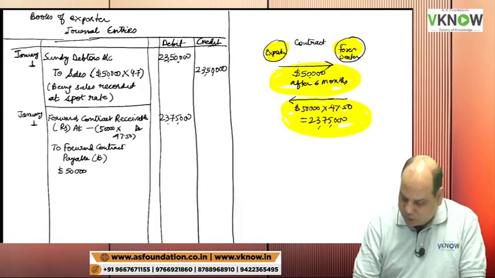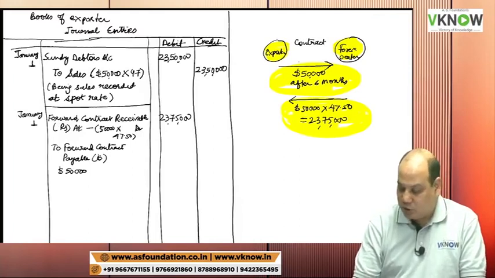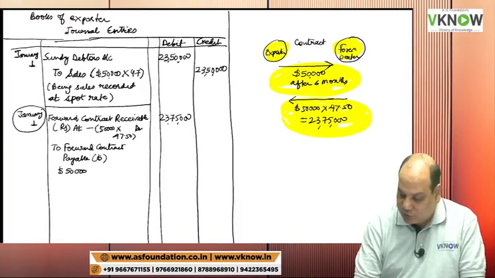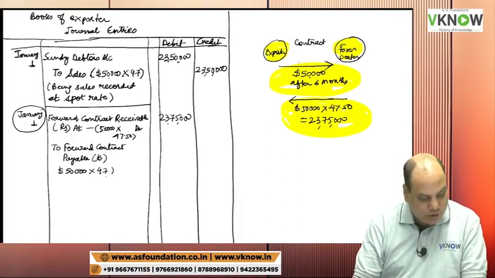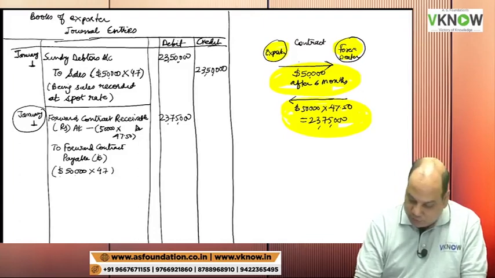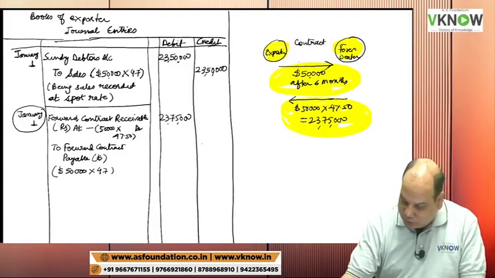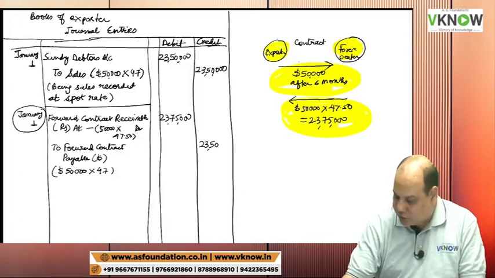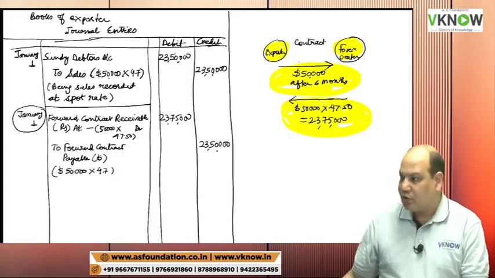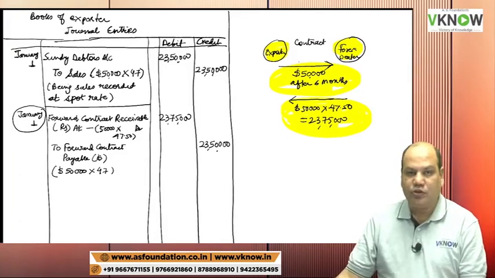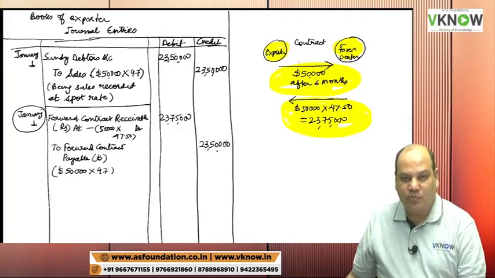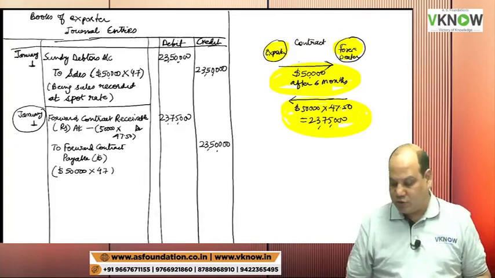He has to pay $50,000, but because we are recognizing this entry today, I will apply the spot rate, that is your 23,50,000, because AS-11 says a transaction should be recognized on the basis of the exchange rate on the date of transaction.